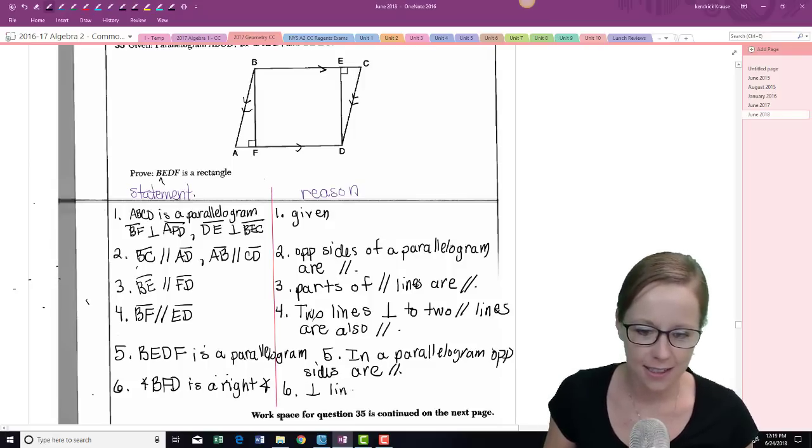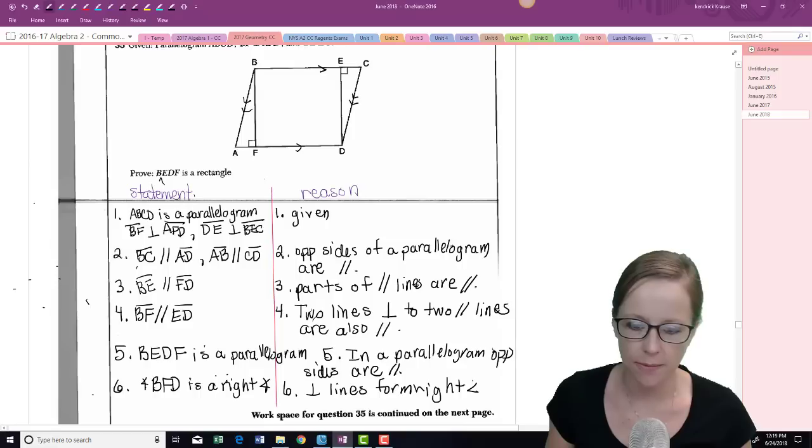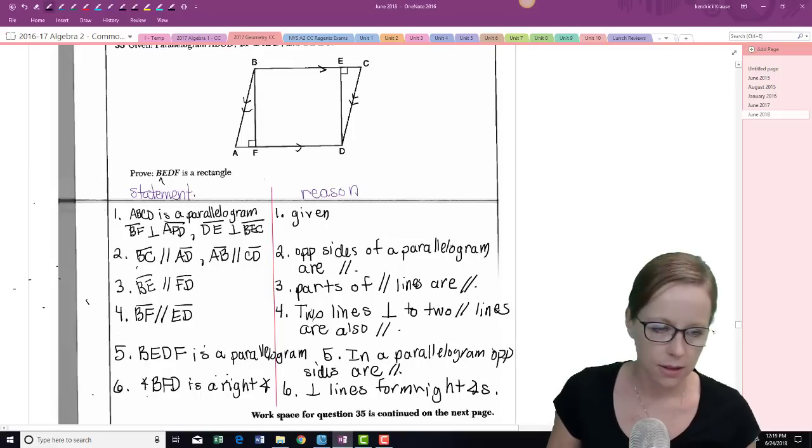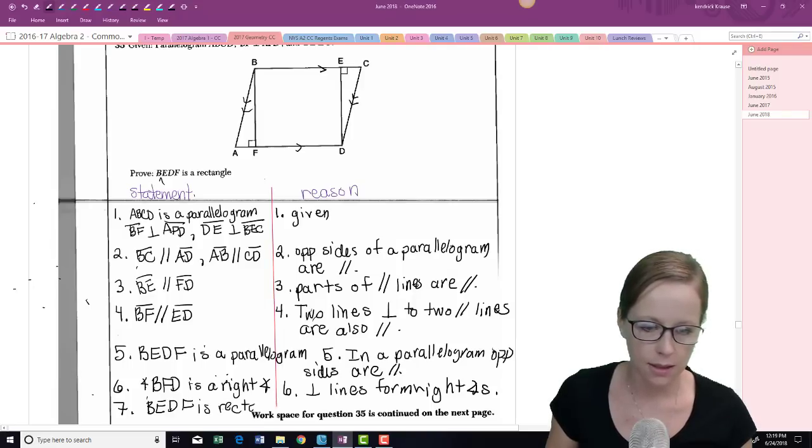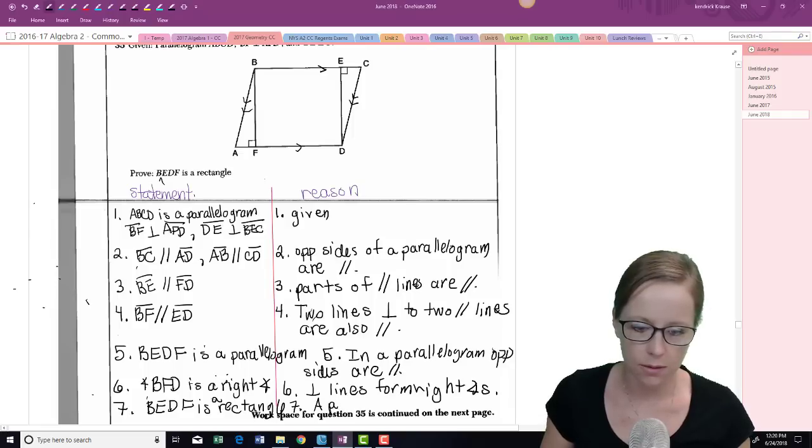Perpendicular lines form right angles. Sorry about my spacing there. So 7, BEDF then is a rectangle. A parallelogram with one right angle is a rectangle.